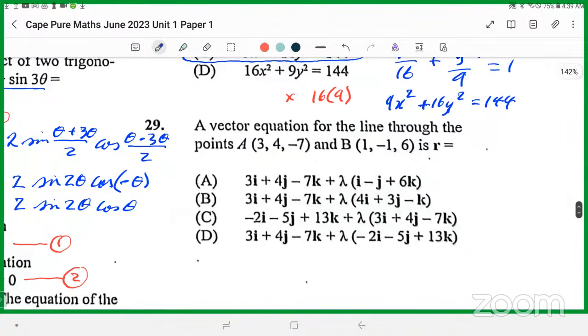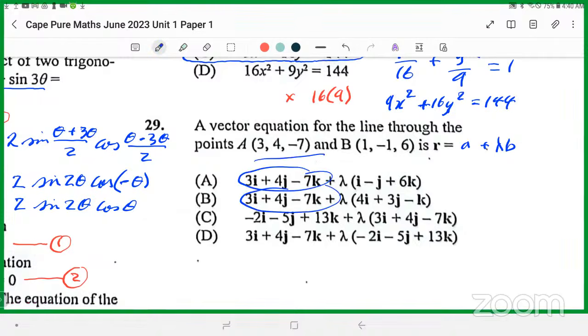So the vector equation of a line through these points is what? So remember, it is a plus lambda times b, where a is a point, and one of the points, this one or this one, looks like they're using this one, right?